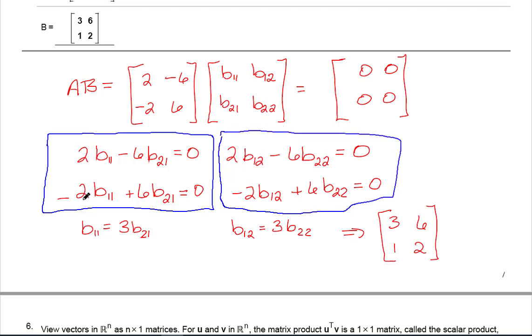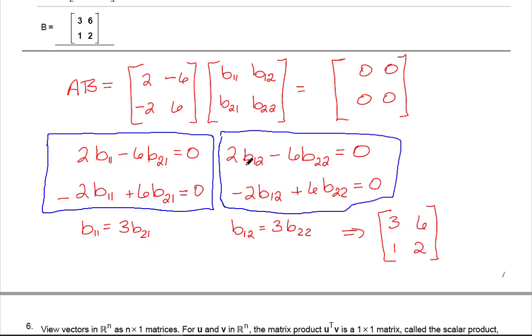All right, so if I look at this, multiply through here by negative, it's the same as this. So I'm just going to use one of these equations, and I see that B11 is 3 times B21.